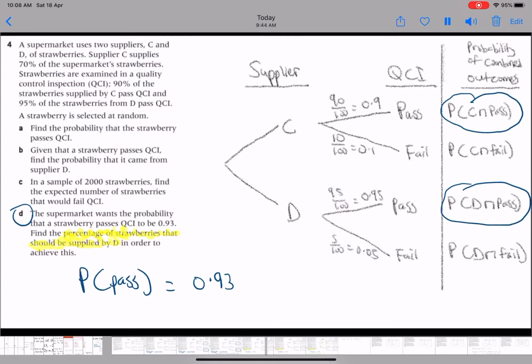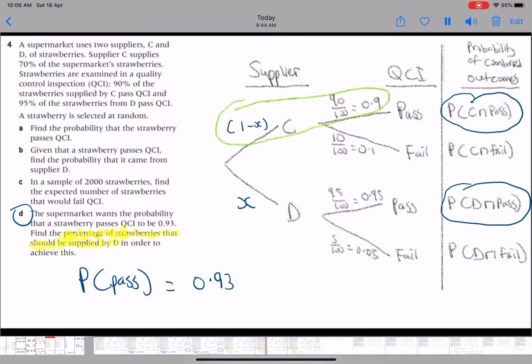And this is where algebra comes in. So, we use X for the D and 1 minus X for C. Why 1 minus X? Remember, every branching adds up to give you 1 because total probability is always 1. That's why for C is 1 minus X. So the probability of pass comes from C and pass, so 1 minus X, and also comes from D and pass.